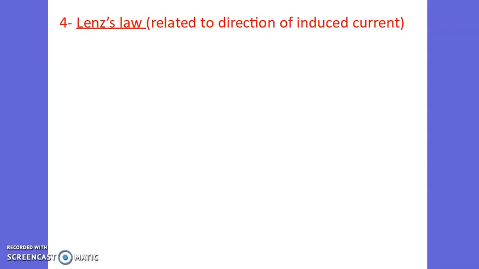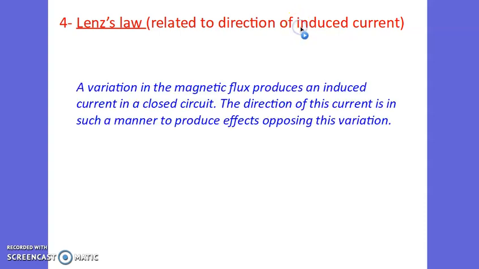In this video, I'm going to explain Lenz's law, and as you see, it's related to the direction of the induced current. Now, Lenz's law states that a variation in the magnetic flux produces an induced current in a closed circuit, right? We verified this in the previous experiments through previous videos.